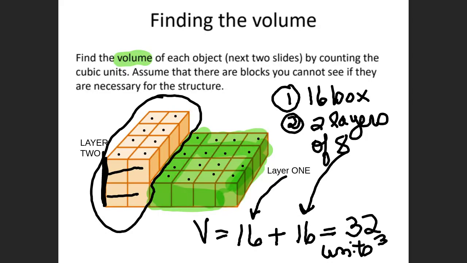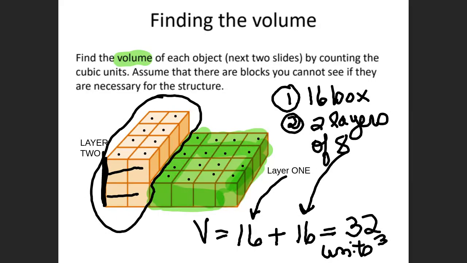The green I'm looking at all by itself, that has 1 layer. I count the boxes. There are 16 boxes in that green area, but there's only 1 layer of them. When I go to layer 2, notice I went to the top of layer 2. I count 8, but I have 8 sugar cubes stacked atop 8 other sugar cubes.